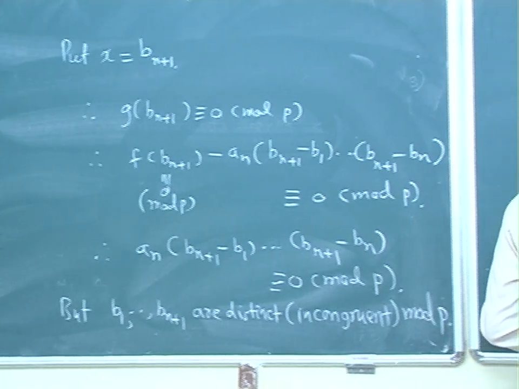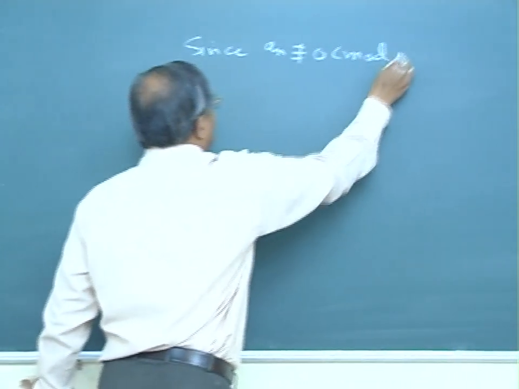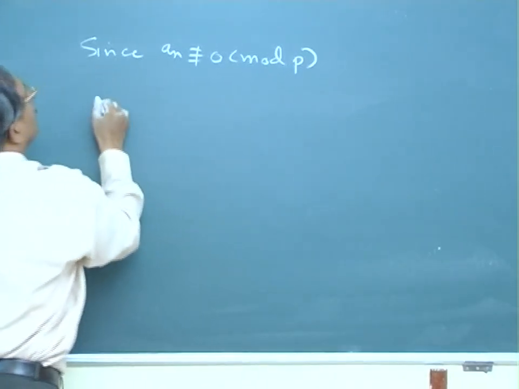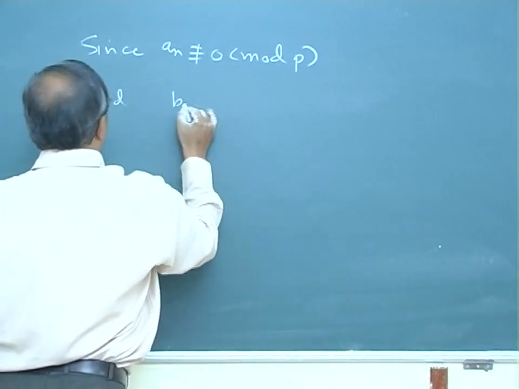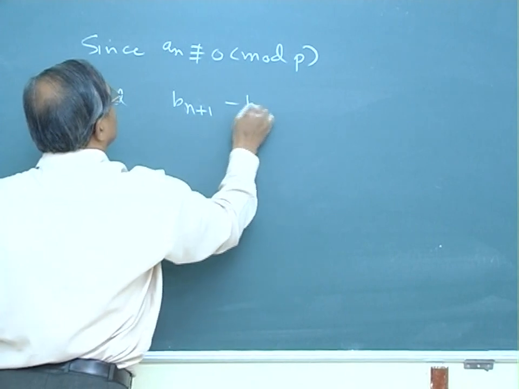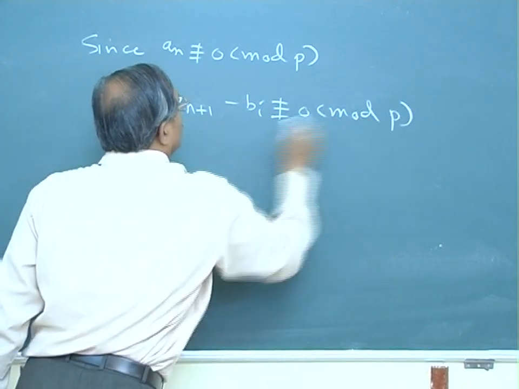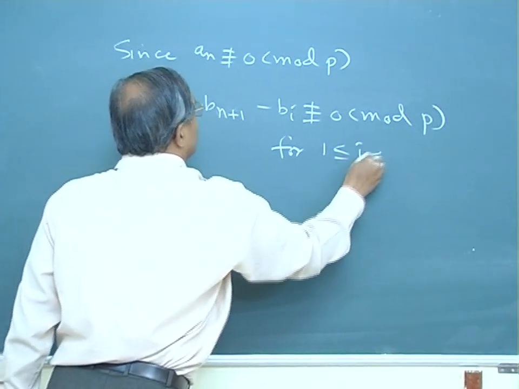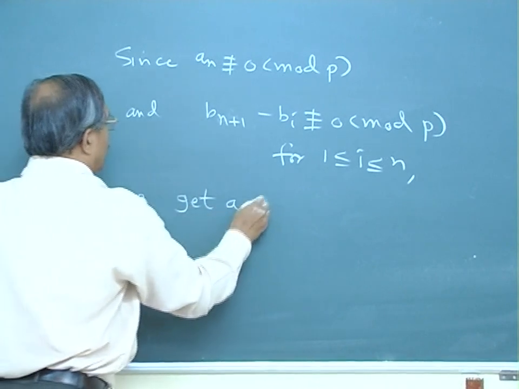Since an is not congruent to 0 mod p and b(n+1) minus bi is not congruent to 0 mod p for 1 less than or equal to i less than or equal to n, we get a contradiction.